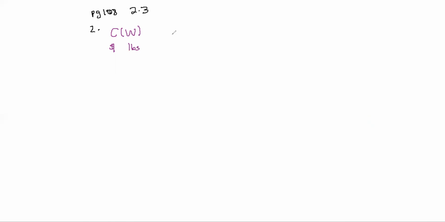We're going to use f prime a lot in this whole class, but Leibniz notation here is going to be the derivative of C with respect to W. Another way we could write this is C prime of W, and they both essentially mean the same thing.